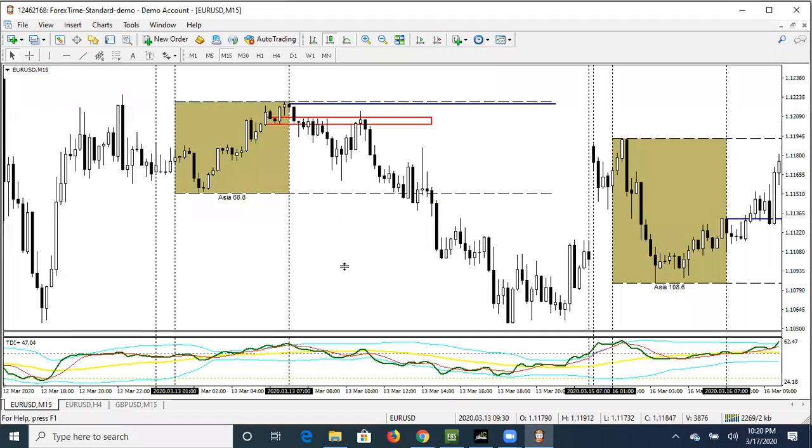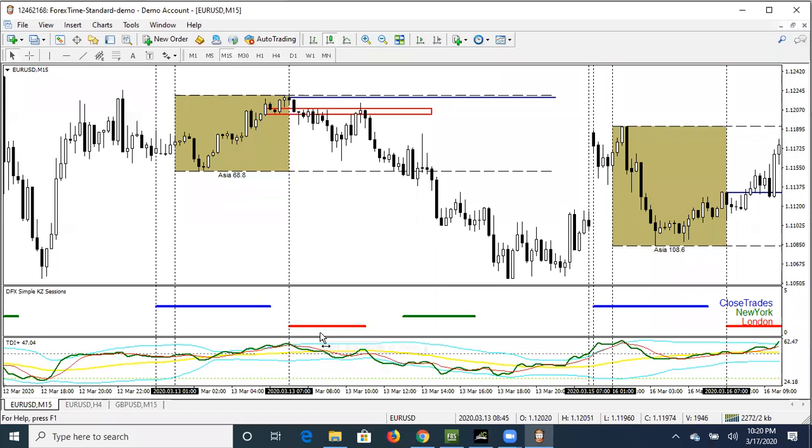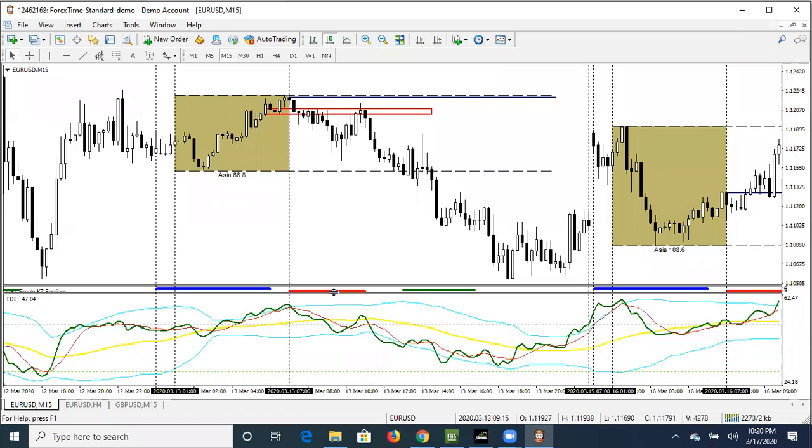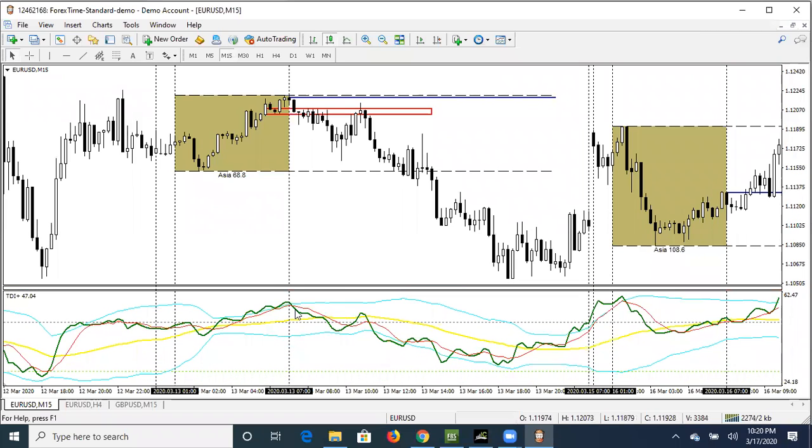So if I magnify this a little and take this up a little, you would notice that at exactly the point where you have your high, you have a shark fin here. Can you see the shark fin? Price went above the volatility band, right? So that's confluence. Shark fin gives you the confluence.